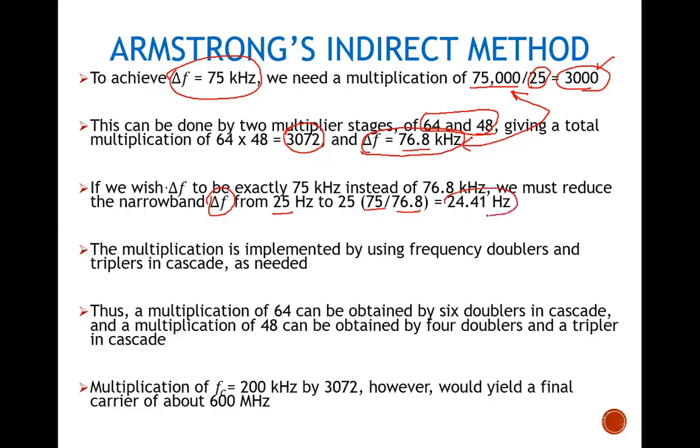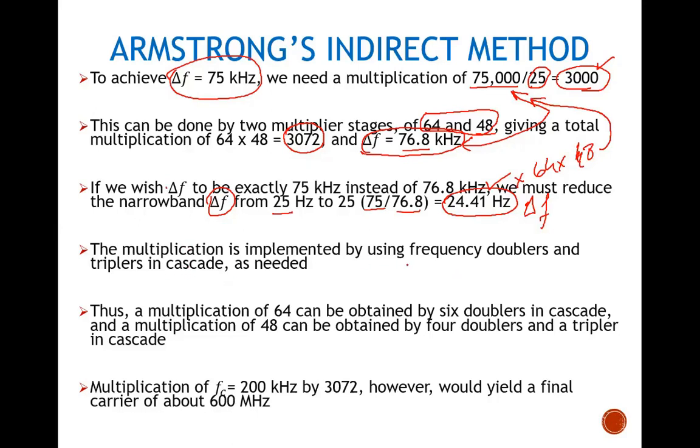So we get 24.41. If we start with this delta F, then multiplying it by 64 and then by 48 will give us a deviation exactly equal to 75 kilohertz. So this is how we can adjust.